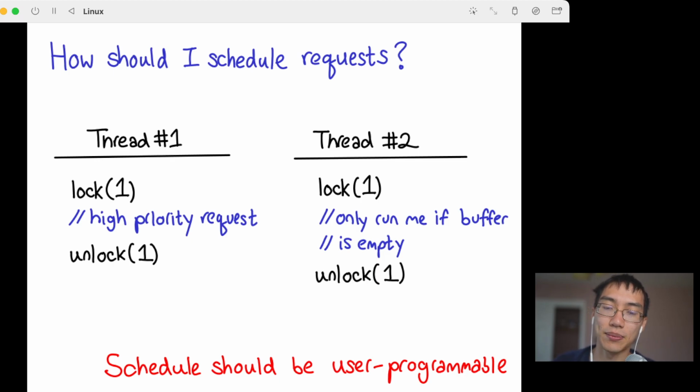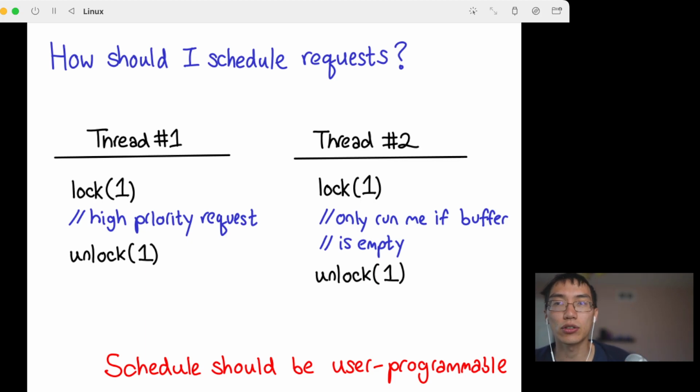And so in this example, we have another example where thread 2 is a different situation. Thread 2 is waiting for a lock, but instead of wanting the lock immediately, thread 2 only wants the lock if some buffer is empty or non-empty, say.